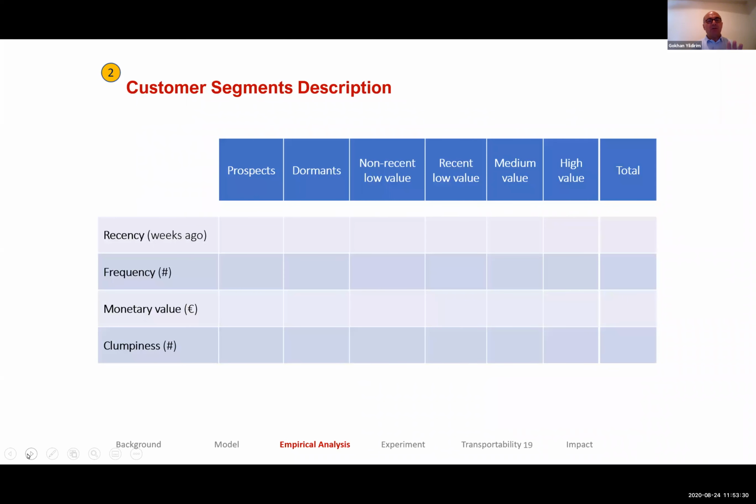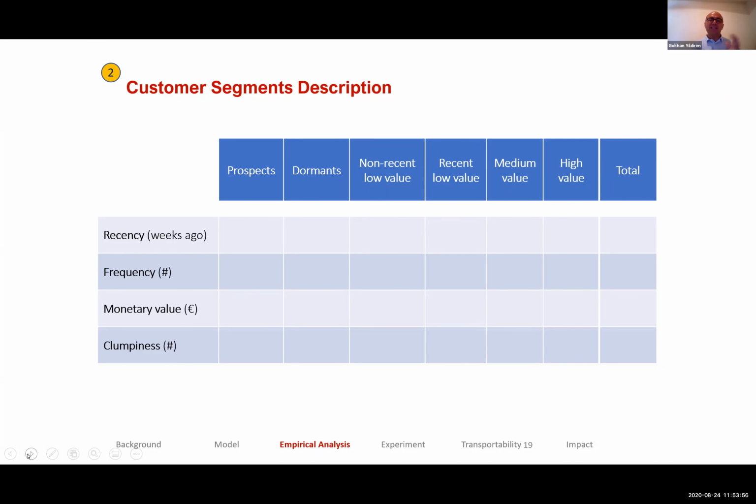Okay, now I will share our findings from this project step by step. Based on the descriptive analytics that we performed, we found that there were 6 distinct customer segments: prospects, dormants, non-recent low value, recent low value, medium value, and high value customers.